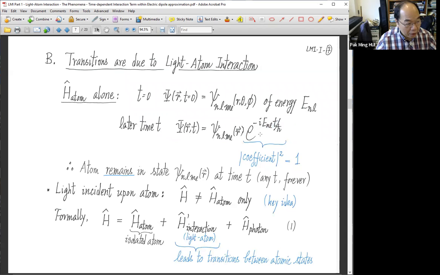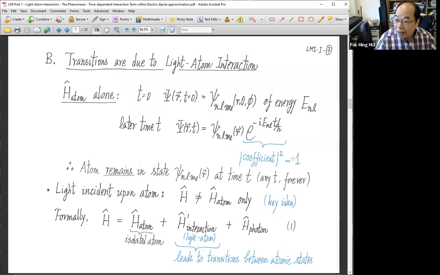Okay? We also know that this is the coefficient for which if we take the absolute square, it is the probability of finding the system to be in this state at time t. This is last semester's quantum mechanics, nothing fancy. However, if it is a phase factor only, the coefficient squared is 1.